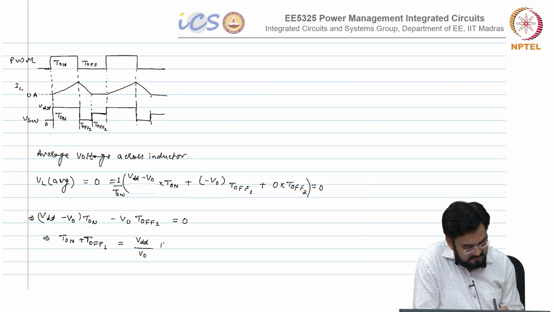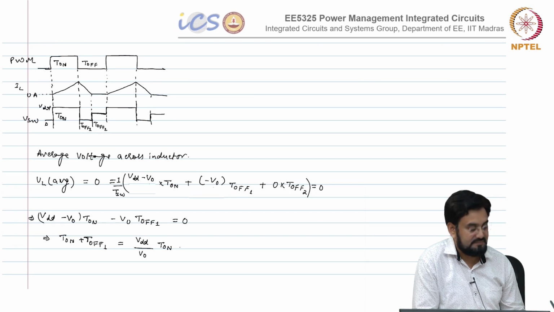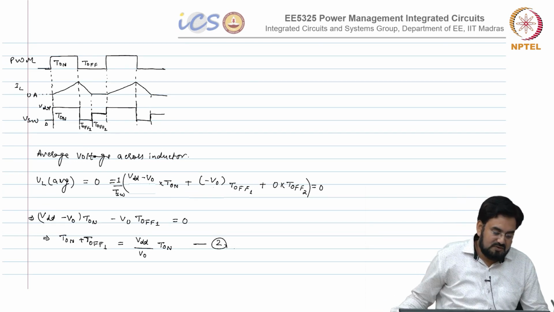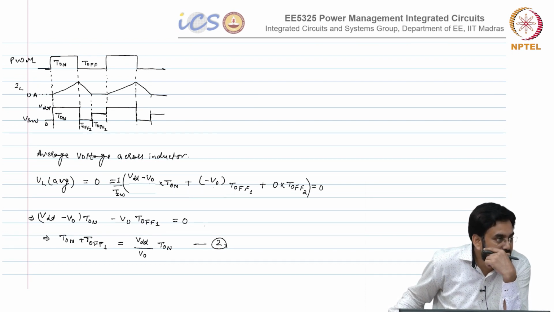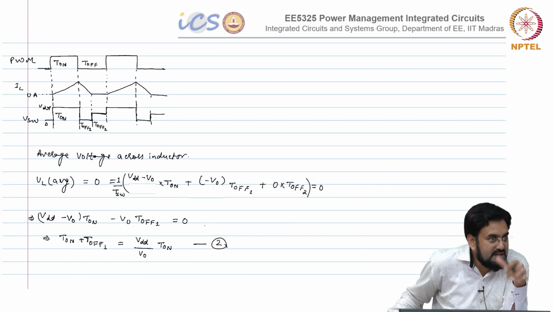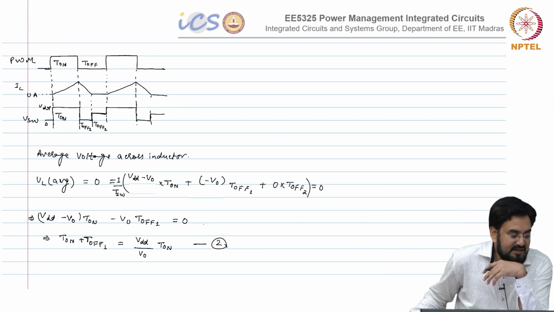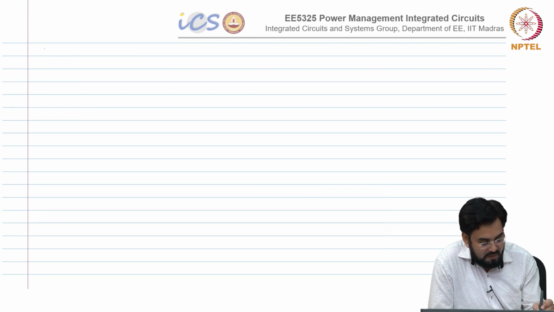T on, correct. So this was the one condition. What is the second condition for regulation? So this was based on voltage. What is the condition based on current? Average inductor current should be same as load current.